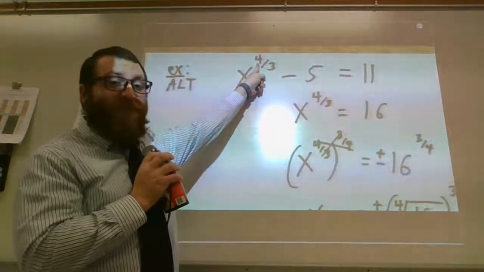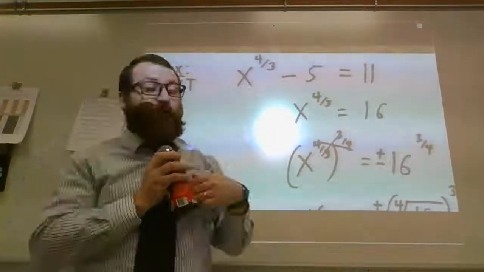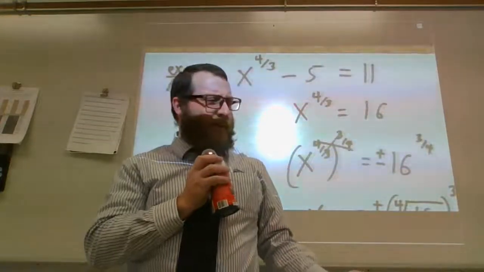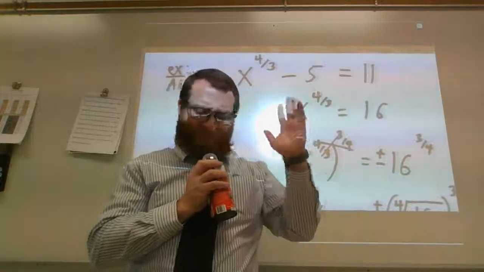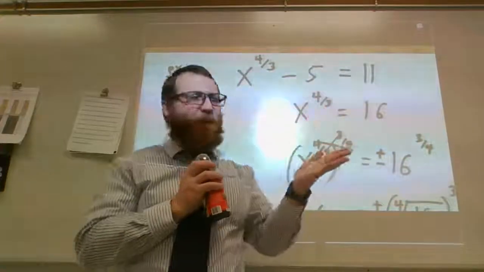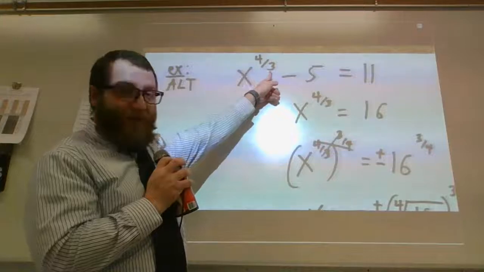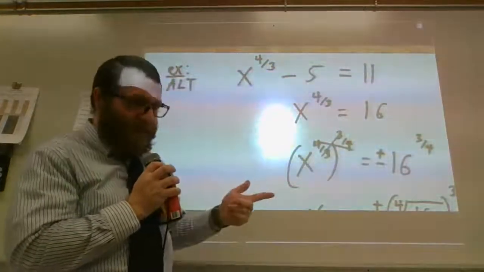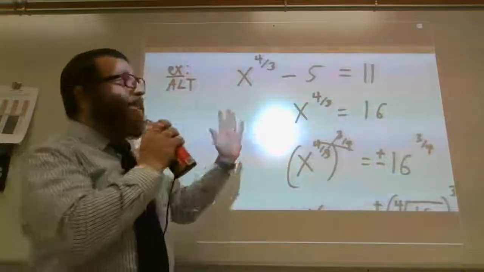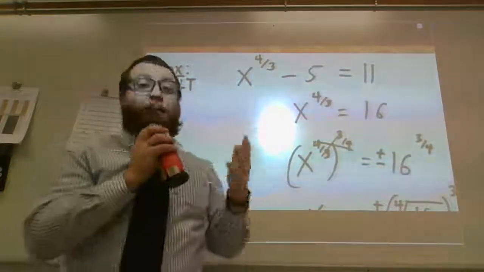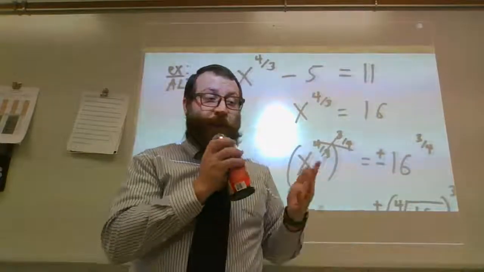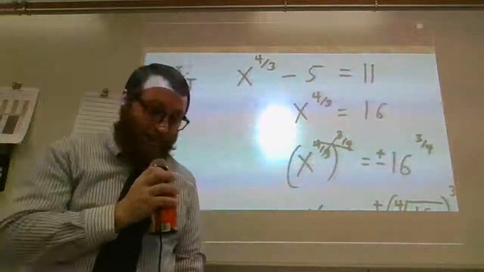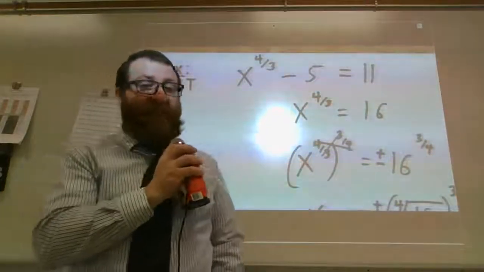Oh, I'm sorry, I said negative 8, I meant negative 2. Anyway, the third root of negative 8 is negative 2. Then negative 2 to the fourth power does get rid of that negative, but negative 2 times negative 2 times negative 2 times negative 2 does give you 16, and then 16 minus 5 is 11.